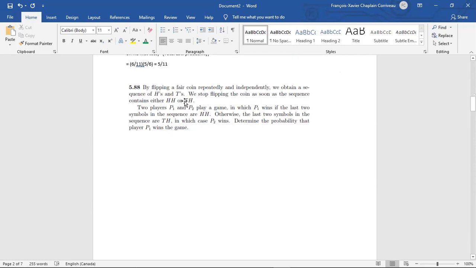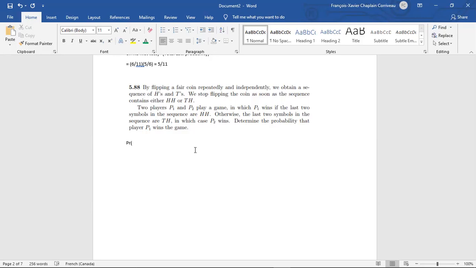So yes, if you flip a tail, then it's looking grim for player one, right? So here, the probability that... oh yeah, so maybe it's not as hard as I thought it would be. Maybe it's much easier.